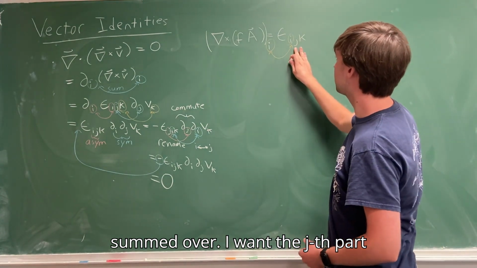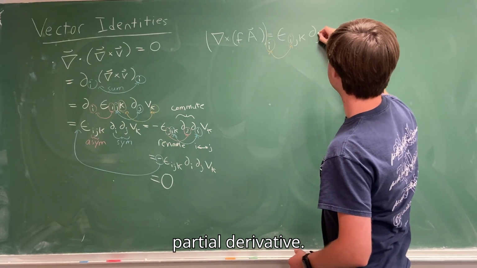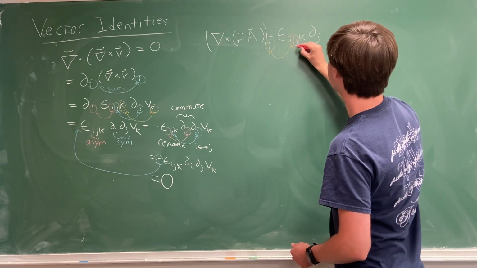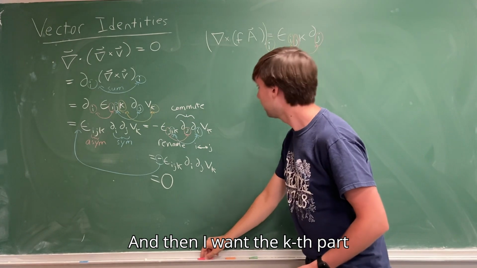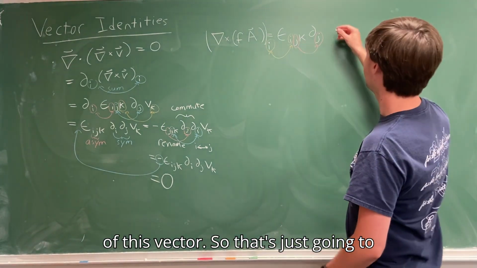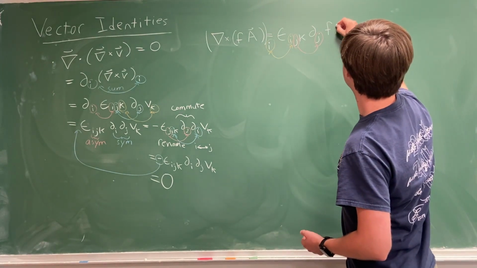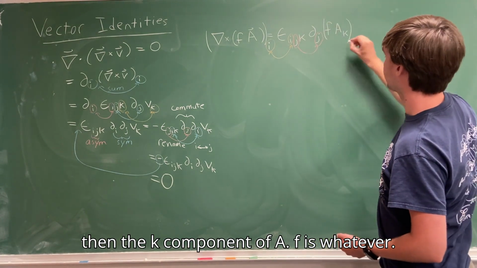I want the jth part of this vector, which is going to be in a partial derivative, and then I want the kth part of this vector. So that's just going to be a normal f, then the k component of A. f is whatever.